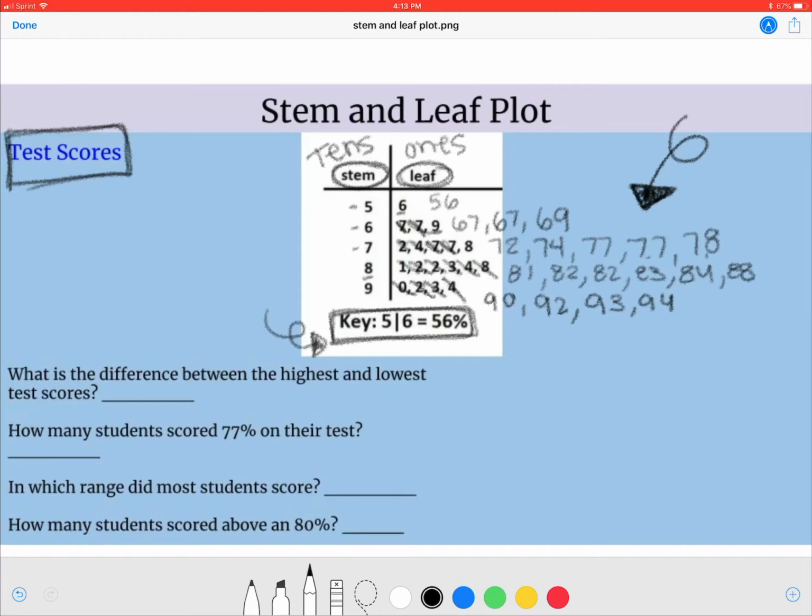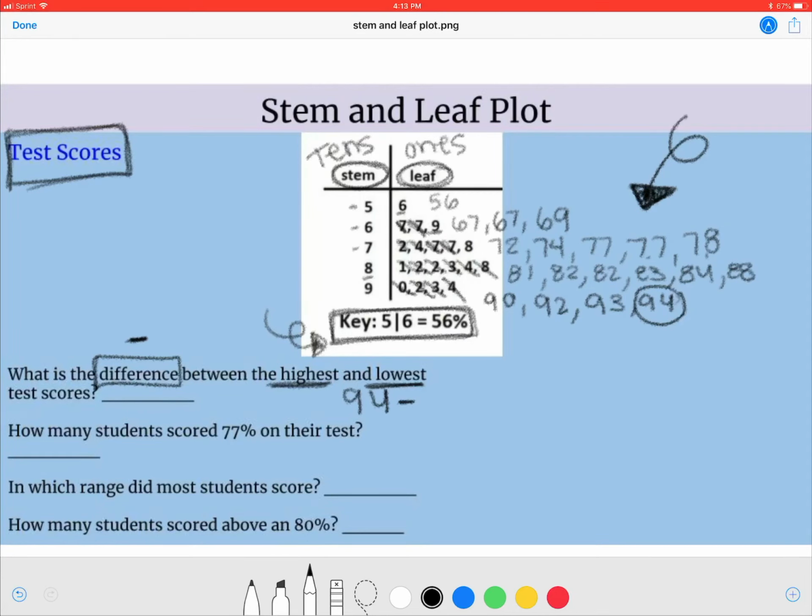So let's look at number 1. What is the difference between the highest and lowest test score? I know I want the difference, which means to do what? Subtract, good, between the highest and lowest test score. For the highest score, where would I look on the tens side, on the stem side? In the 90s, good. And what's our highest score in the 90s?